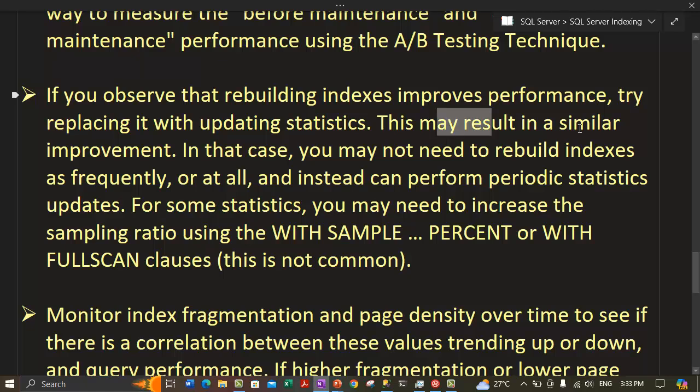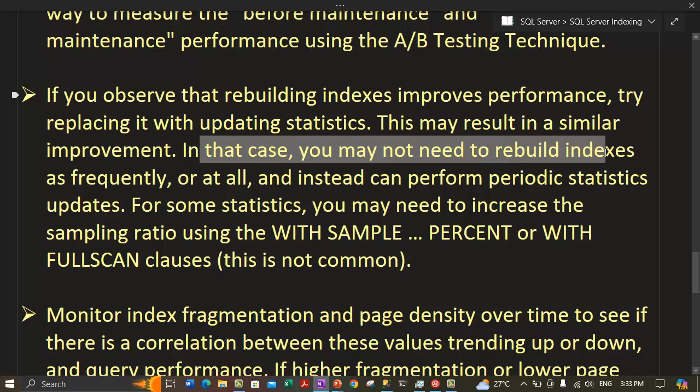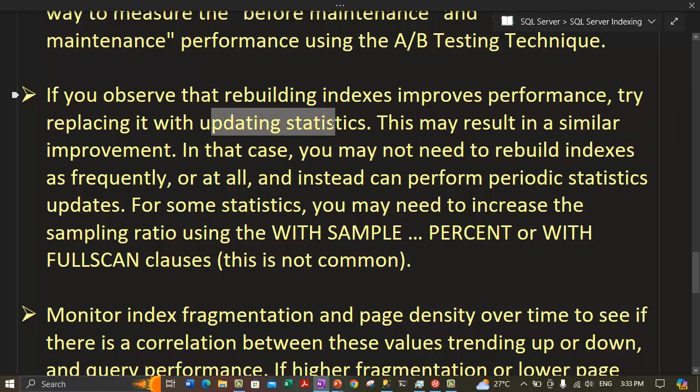This may result in a similar improvement to what a rebuild index provides. In that case, you may not need to rebuild the indexes as frequently or at all.